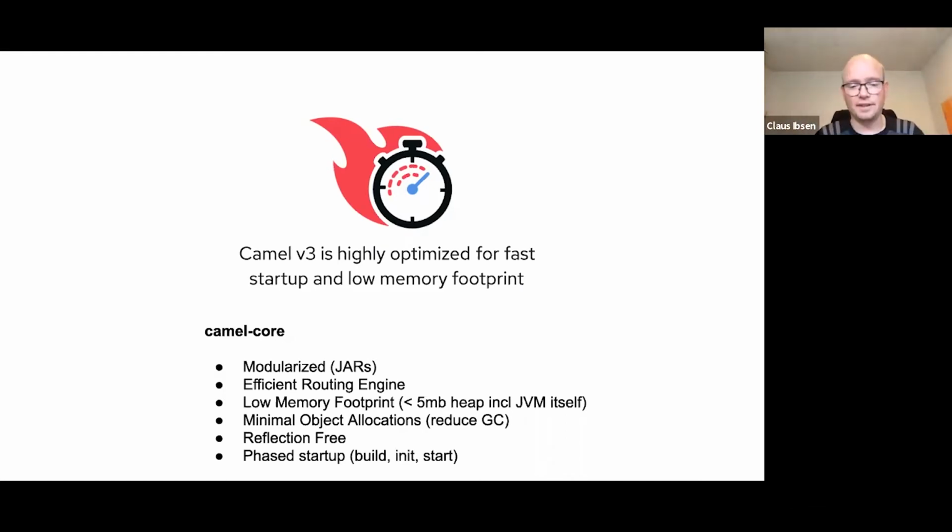That's quite a lot, but that allows us to be efficient and take advantage of something like Quarkus, where you can do build time optimization based on which modules are available on the classpath. If a module is not available on the classpath, then it's not even in the JVM and not used at all, whereas in Camel 2 it would be present, right? So that's significant work to reduce the footprint of Camel itself.